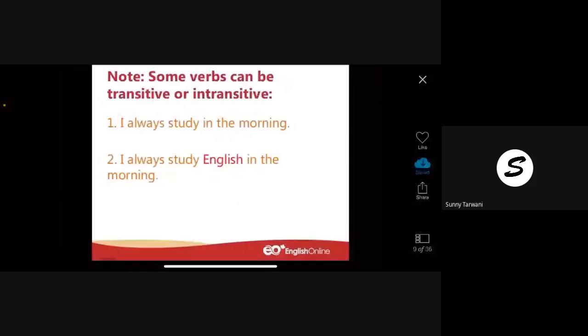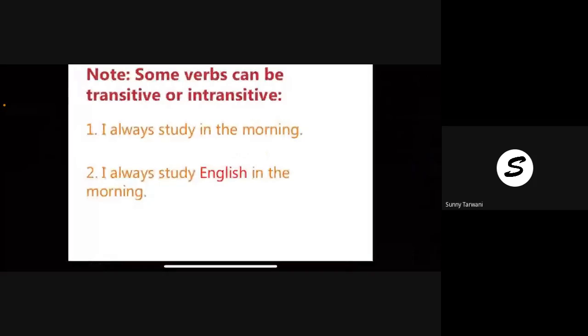Then tell me the difference between these two. Within 30 seconds, I want the answer. I always study in the morning. Study is the verb and morning is not an object, so it is intransitive. Number two, I always study English in the morning. Study is the verb and English is the object. The first is intransitive and the second one is transitive.